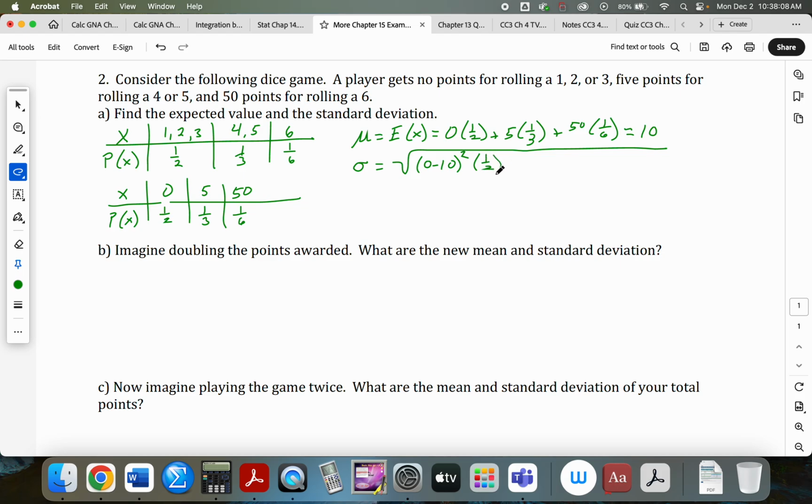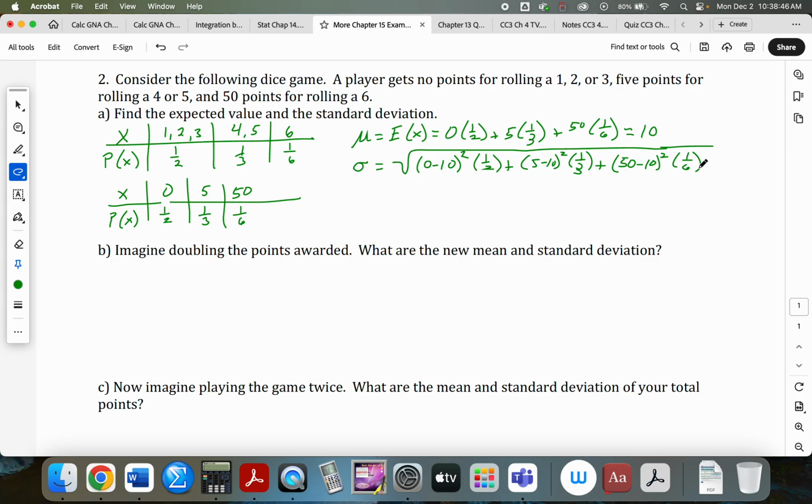Can you say it again? Yeah, it's the difference between the expected value and the value for whatever x you're using. And then you do plus, and you do it for the next one: 5 minus 10 squared times 1/3. And then 50 minus 10, quantity squared, times 1/6.